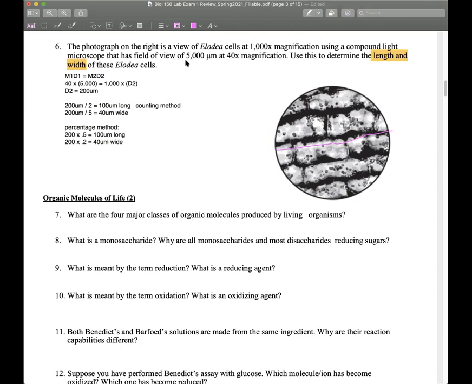So it's easier to measure it at a lower magnification and then use this ratio formula to calculate what the field of view would be as you increase your magnifying power. If you know your diameter at a low magnification, you can convert it to a higher magnification using this formula. Okay, thank you.